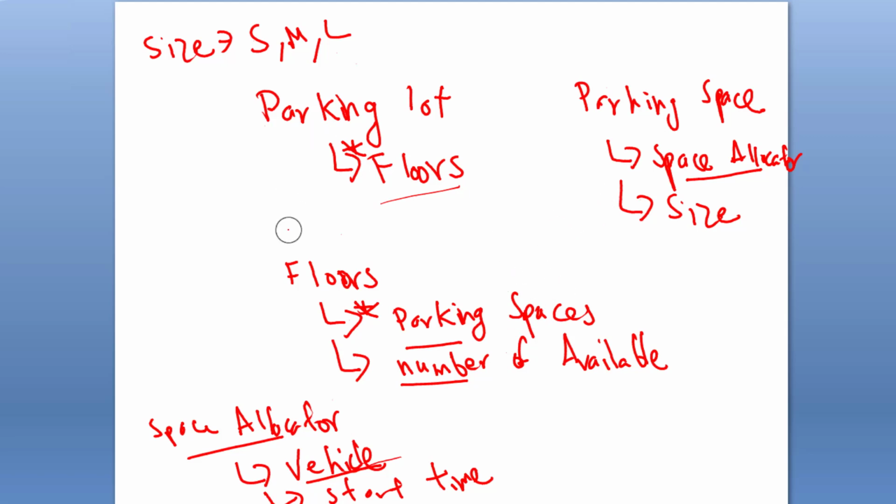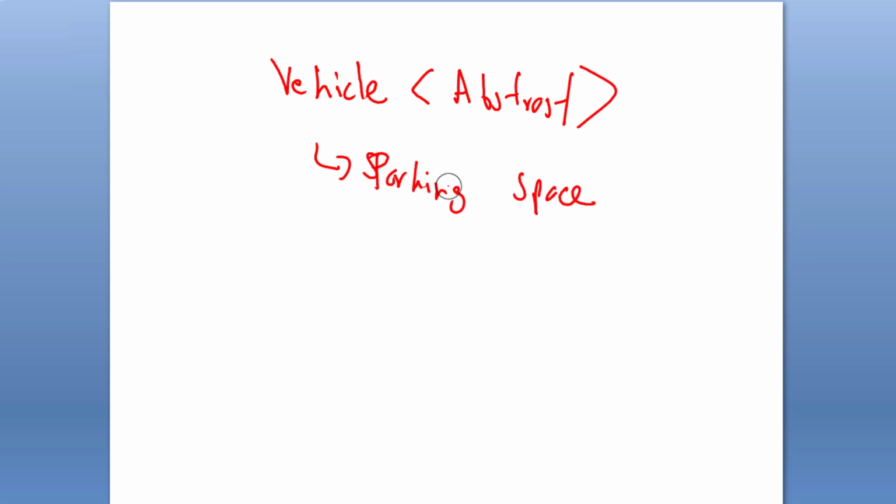Now let's see what the vehicle class will look like. Now we will have a vehicle which will be an abstract class. I'll give the reason why we are making it abstract shortly. And this vehicle will have a parking space, a class inside of it that we constructed in the previous slide.